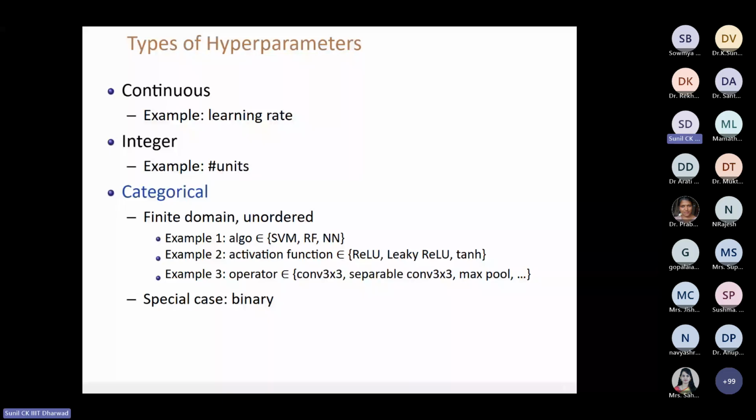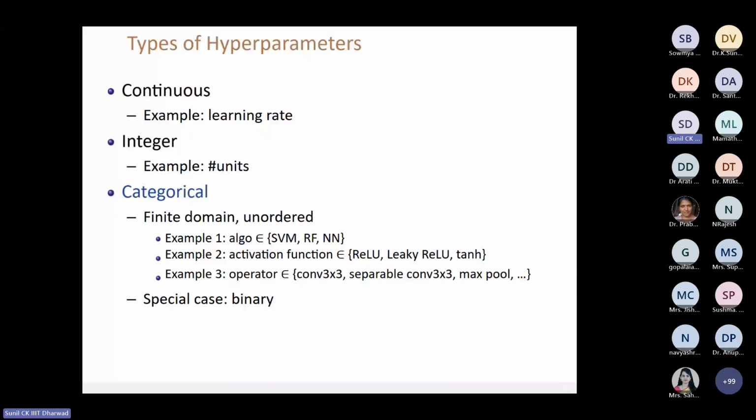And if it is categorical, then it has a finite, unordered domain. You can take as an example the algorithm: we are going to select some algorithm. It can be SVM, random forest, neural network, decision tree, any algorithm.